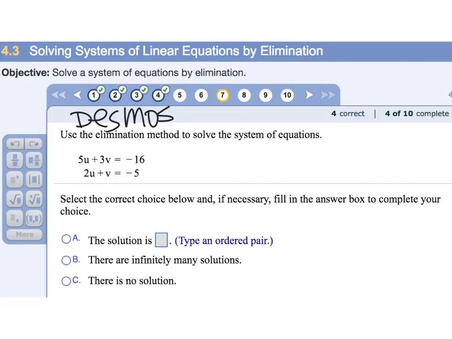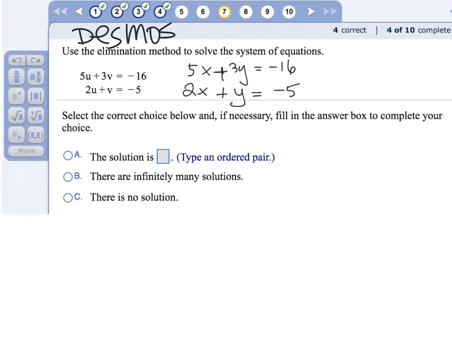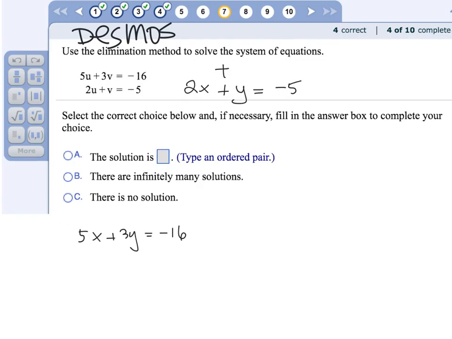So that would be 5x plus 3y equals negative 16. And then this one would become 2x plus y equals negative 5. So you got those equations, you put them into Desmos, and you're going to find out that the answer is actually nice, beautiful whole numbers. It's really easy. You don't even have to do any of the work. But let's do the algebra because, you know, we kind of have to.